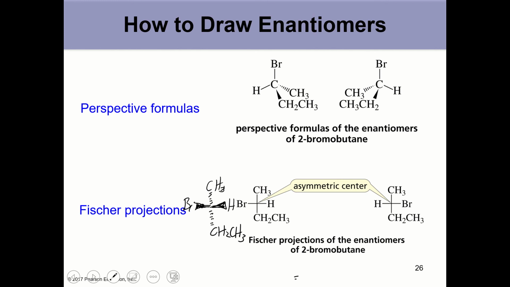Then the methyl and the ethyl will be on a V that is in line with the vertical axis, but pointing away from you. It's much easier to draw the mirror image of a Fisher projection because it's simply drawing a cross and filling in the groups.